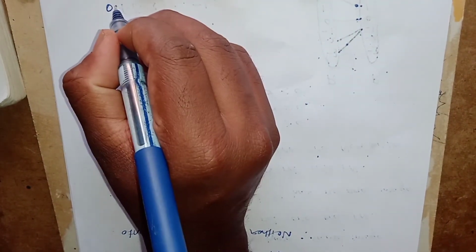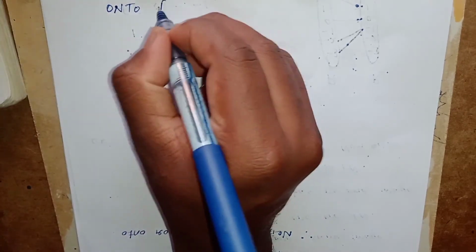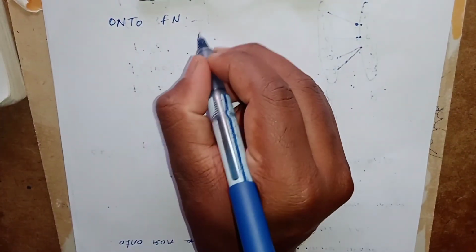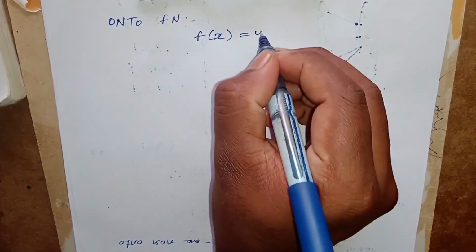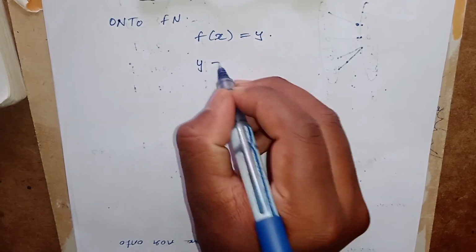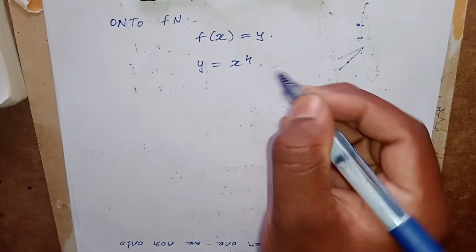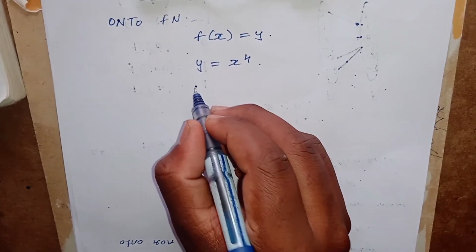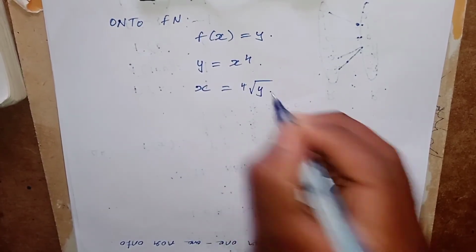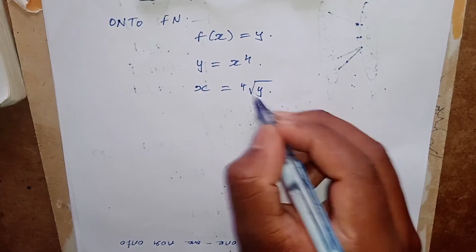Next, for onto function, here f of x equal to y, therefore y equal to x power 4. Therefore, we need x equal to fourth root of y. Therefore, this is an irrational.